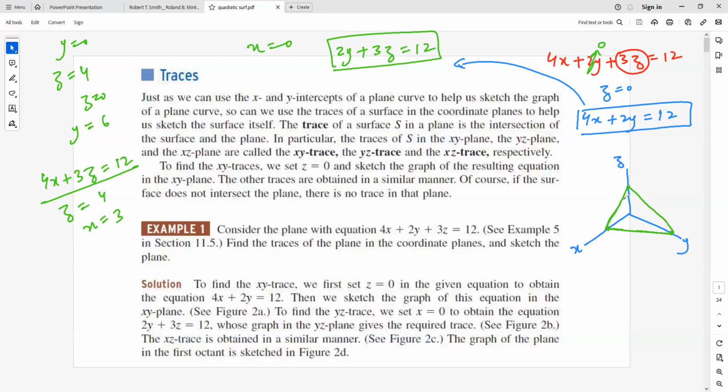So this is the plane whose equation we were given, and we can draw these planes using the traces. Earlier we did it by finding the intercepts using the intercept form, and it is somewhat similar to that.